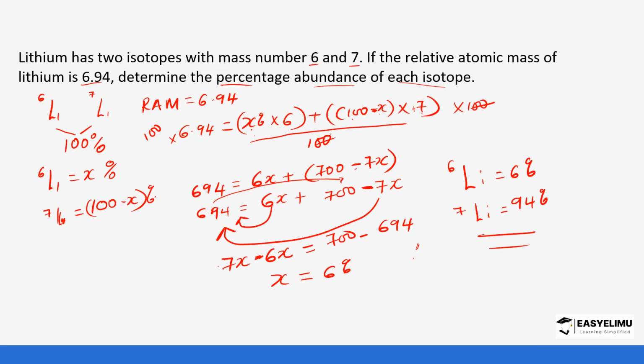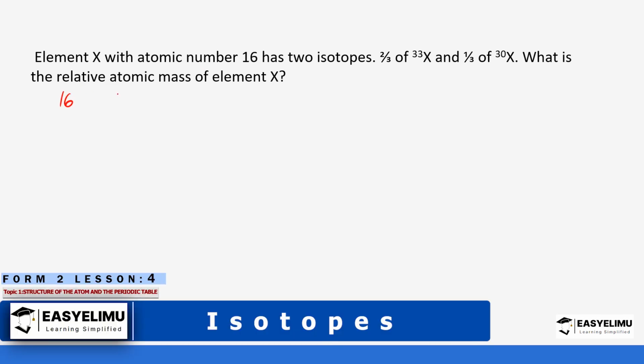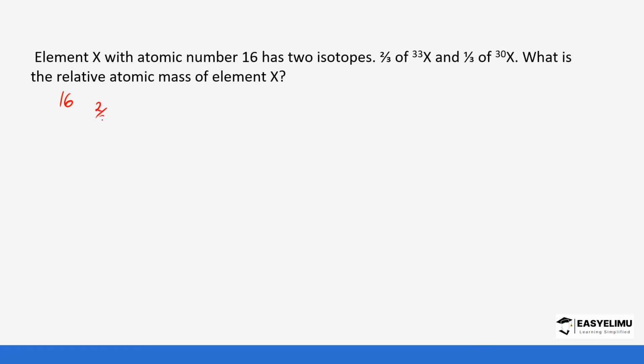Element X has atomic number 16 and has two isotopes. We have 2 over 3 of isotope X33 and a third of isotope 30. We can either check the fractions and get the specific abundances: 2 over 3 times 100% and 1 over 3 times 100%.